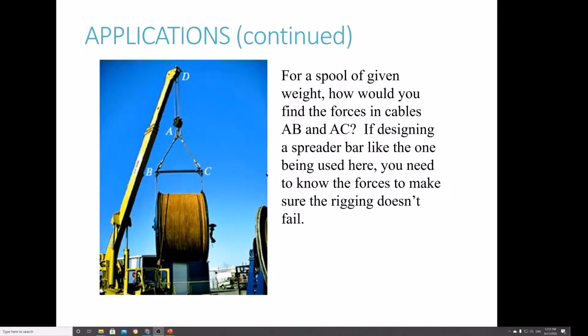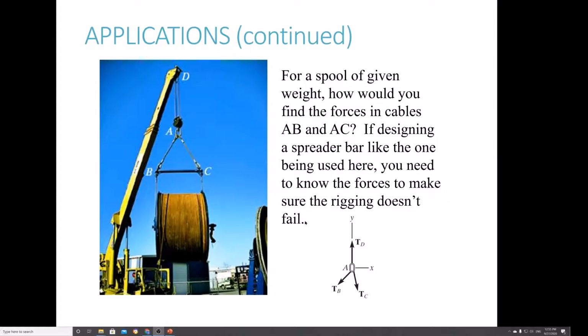And same idea, we want to make sure it doesn't fail. So how you could do that is you could say that the particle is this point A, and these forces are acting on that point.